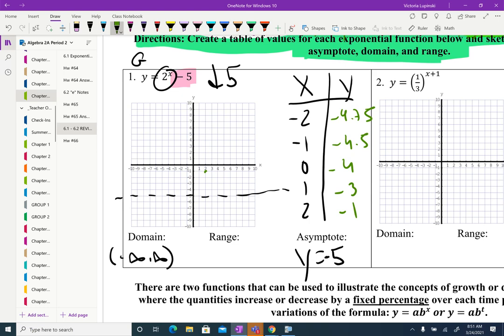So 2, -1, 1, -3, 0, -4, and then getting closer and closer to the asymptote. Once you have the picture in front of you, you can see that the y values are greater than -5. So you can say that the range is -5 to infinity.